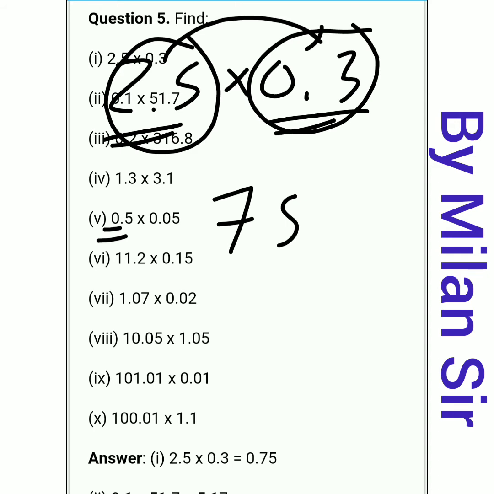So in total we have two digits after the decimal point. So in the answer we need to put the decimal point before two digits. Here our two digits are 75, so before that we put the decimal point, and since nothing is remaining, we put 0. So my answer is 0.75.